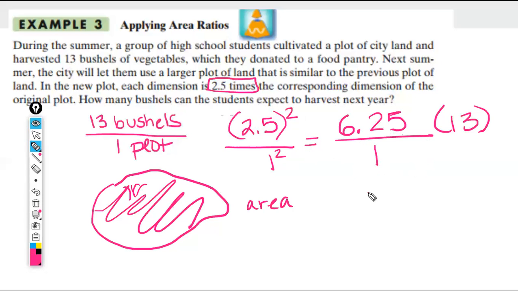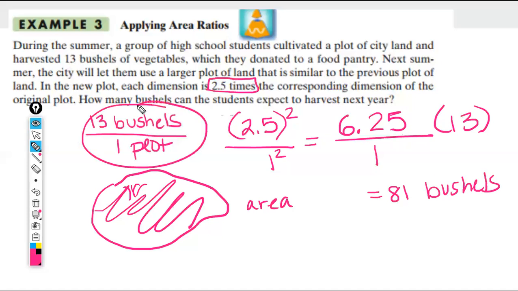So we would get about 81 bushels. This is an important ratio to know because this is what they usually get. But because this talks about our change, that turns into the ratios. And then we're just squaring it and multiplying by the number of bushels they got last time.